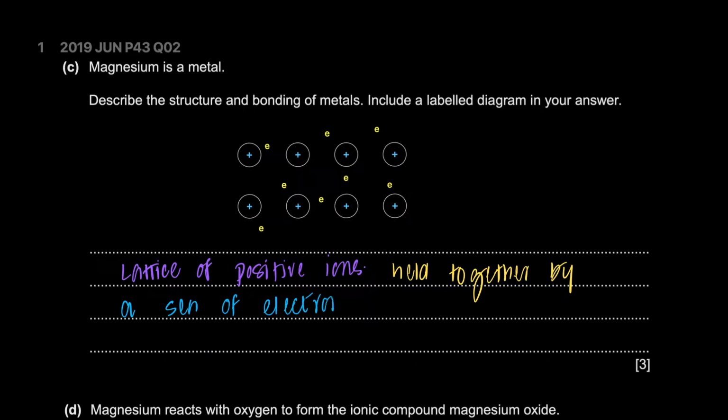This is a keyword right there. You should always try to use this description. Sea of electrons. Sometimes people will call it a cloud of electrons. Sea of electrons, either is fine.